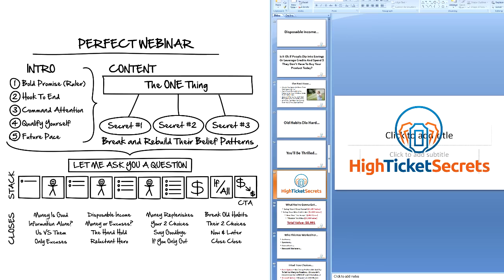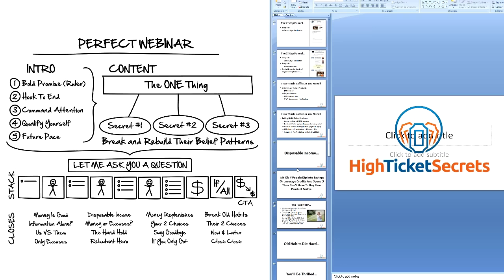Let me find my notes here. You'll see as I go through here how I used a bunch of these. I have like 30 pages of notes here that I was getting all ready before this, so I've got to make sure I find them all.